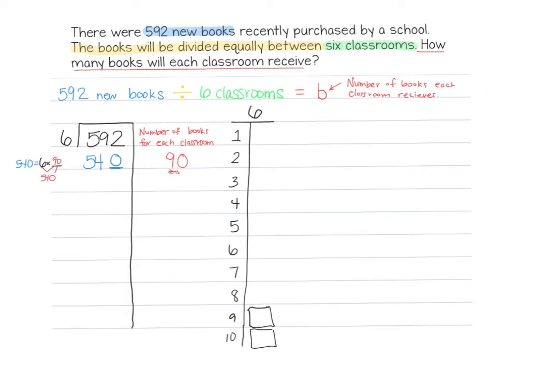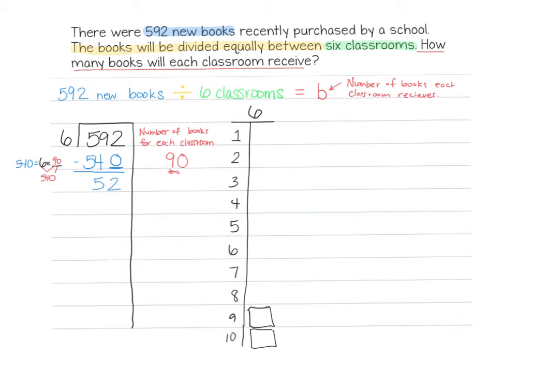Now let's subtract to figure out how many books we still have that need to be sorted into classrooms. Go ahead and pause the video so that you can subtract. Great. So we know that we have 2 ones and 5 tens are the remaining. 52.